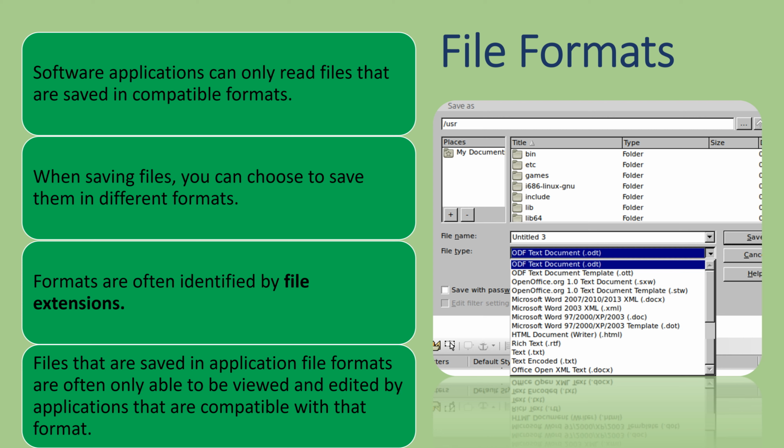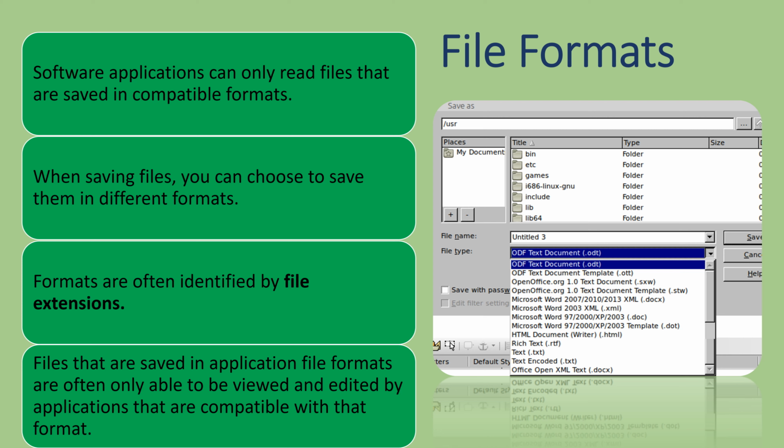When saving files, you can choose to save them in different formats. For example, you might choose to save your work in an older format so that it can be read by people who use older versions of the software.